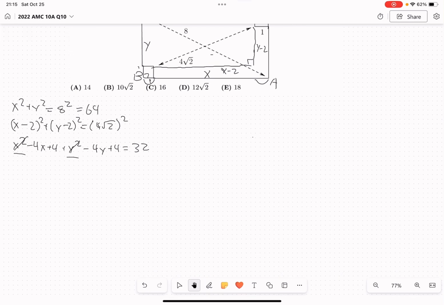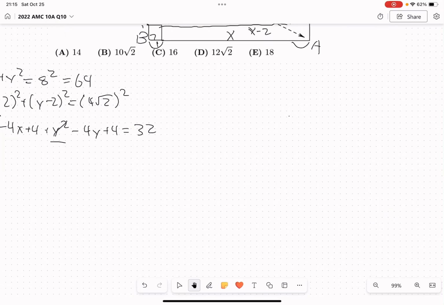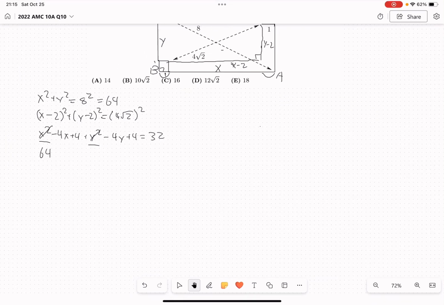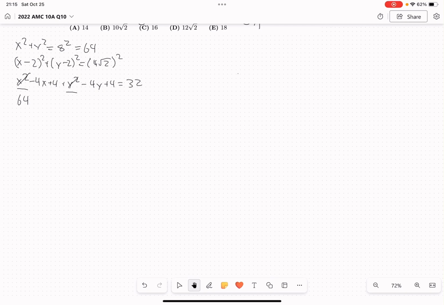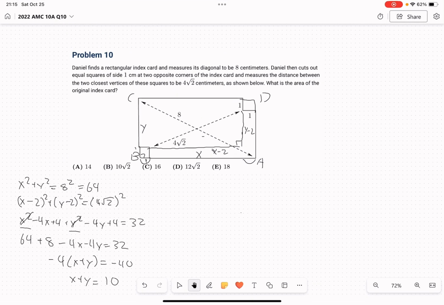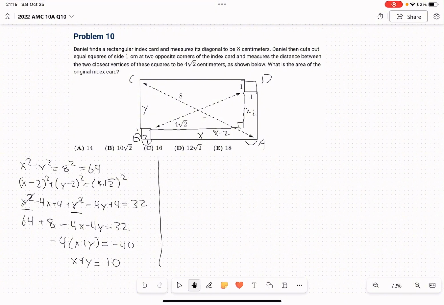So we can replace these with 64. 64 plus 8 minus 4x minus 4y equals 32. And then if we do a little more simplification, we get that negative 4x minus 4y equals negative 40, which turns into x plus y equals 10. Now, we can move it over to the right side here.